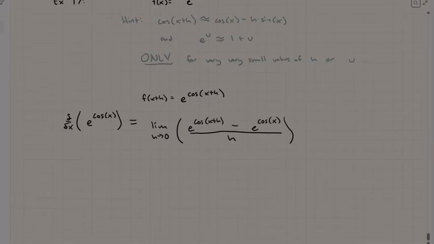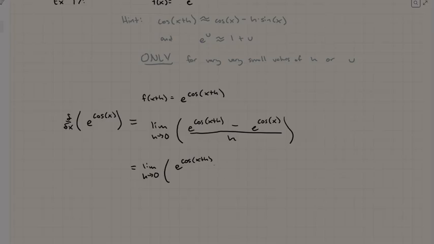In order to move forward, we want to factor out that e to the cosine x, but it's maybe not exactly possible from both sides. But what we can do is we can say e to the power of cosine x plus h.